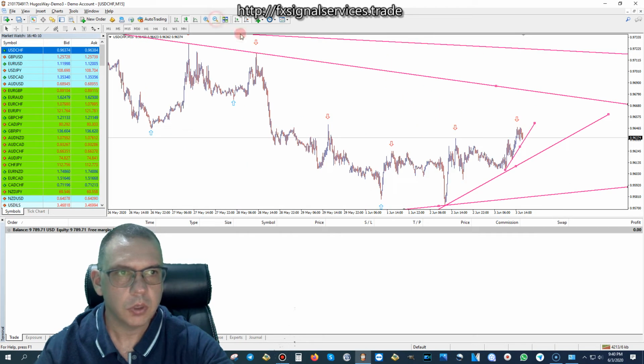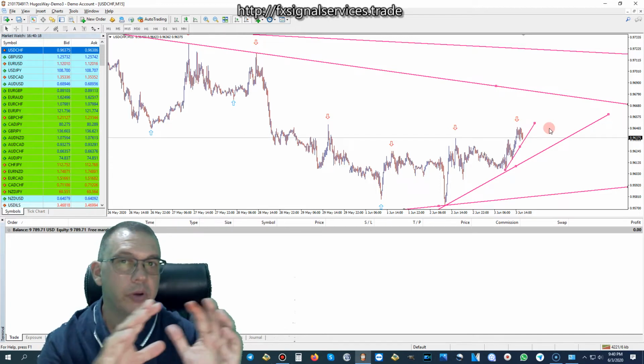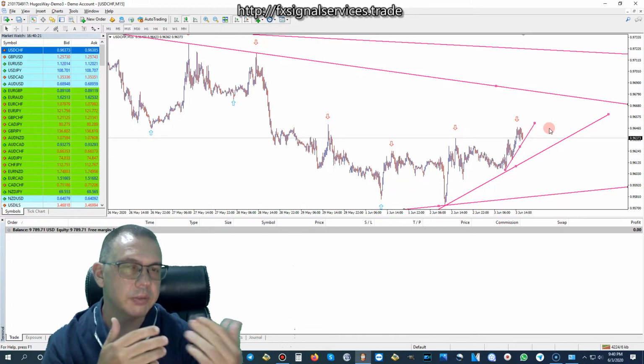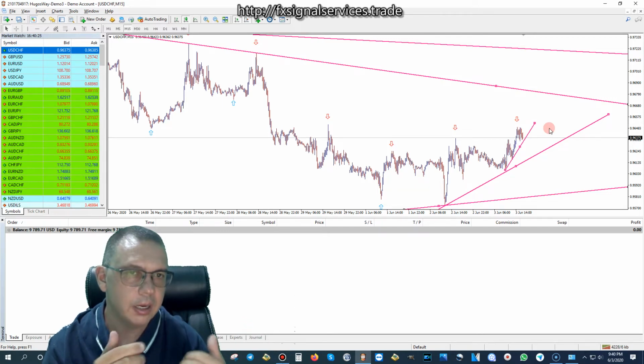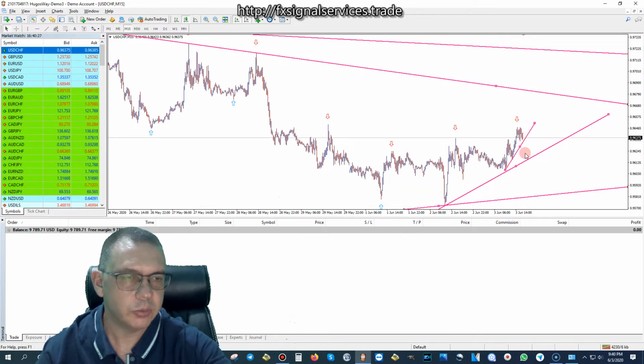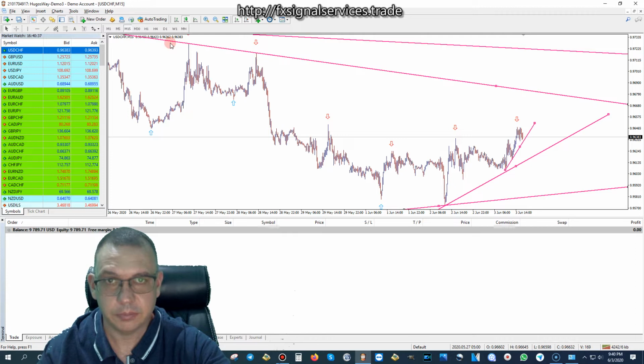And what we're looking for is for that support to break and then sell. So now, previously on the higher time frames, all I kept saying was wait to buy. Now I'm saying if this breaks, we can sell, and the price is going to drop and touch this support line and bounce up even higher. That's what I'm expecting.